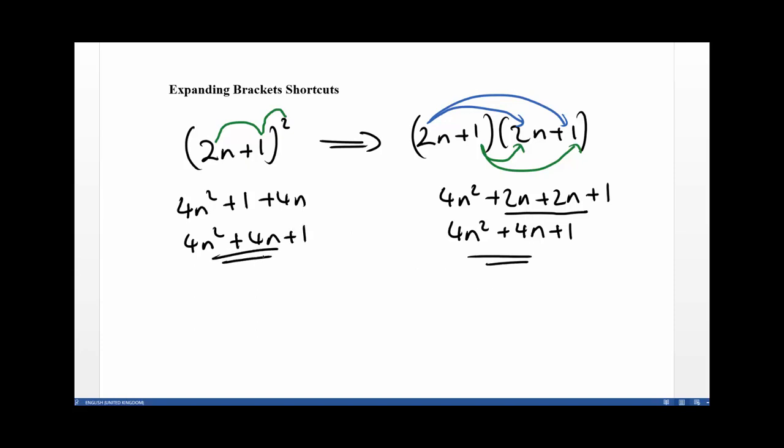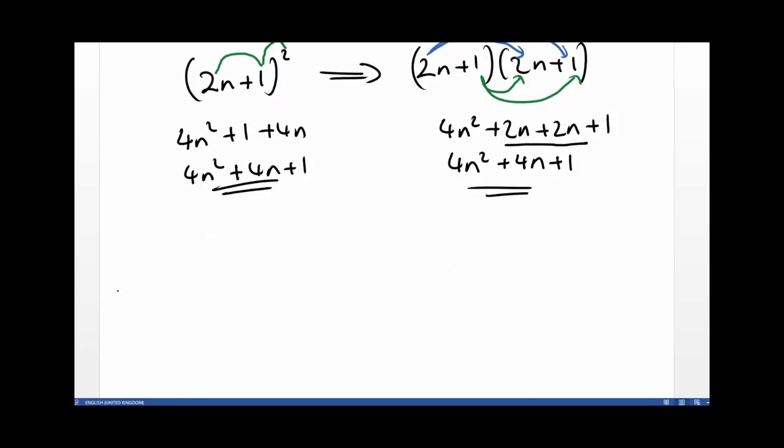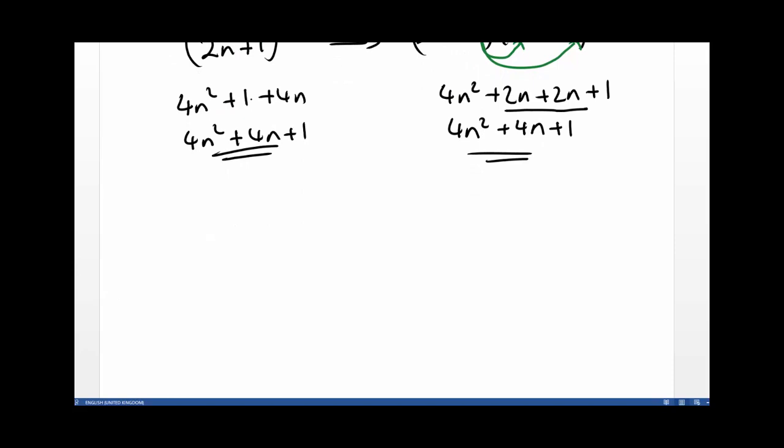Okay, I'm going to attempt to do another question just to help you out. All right, let's do it here. Let's try something like, I don't know, 3n minus 2. We're not going to do it the long way first. You should know how to do that.